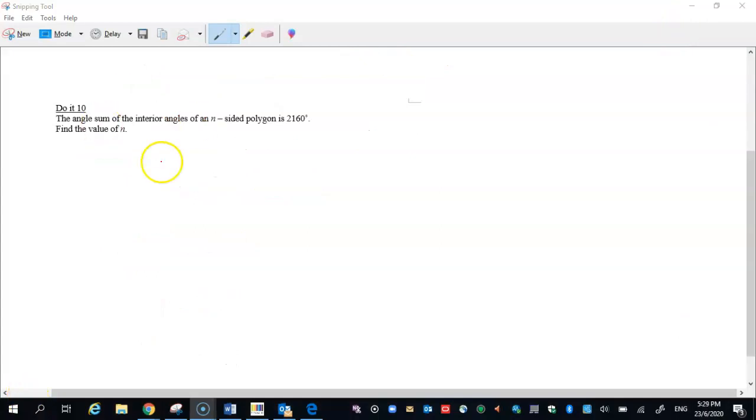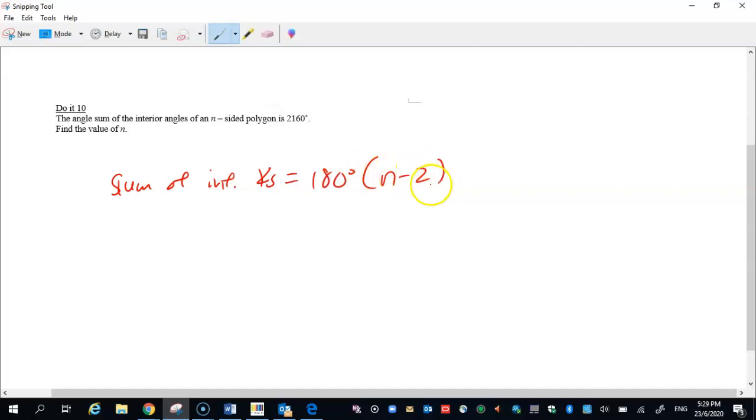Likewise for Do It 10, it's the same thing. The sum of interior angles equals 180 degrees times n minus 2.